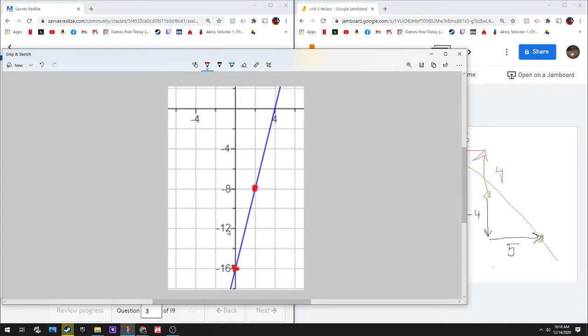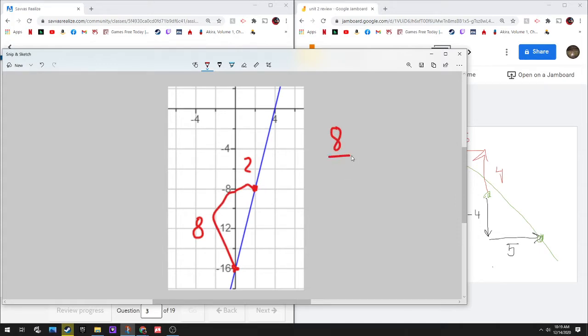So 16 up to 8. That goes up 8, but 1, 2, 3, 4, that's only 4 spaces. I should be careful though. So I go up 8. See how it goes from 16 to 8? That's 8. It's because each space is actually going by 2. And then from here to here, it goes blank and then 4. That means it's going by 2s here too. So it actually goes up 8 and then over 2.